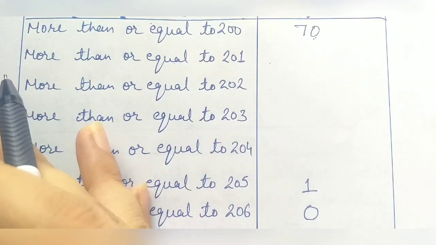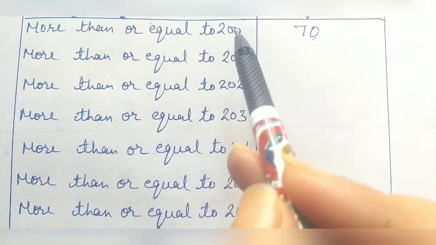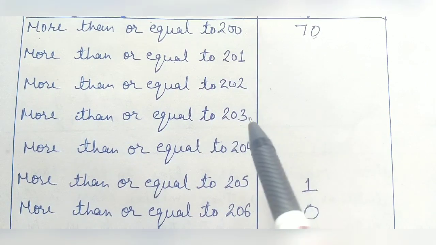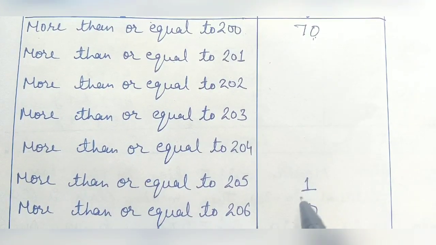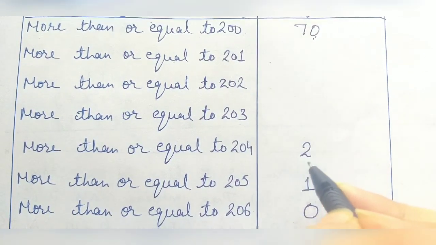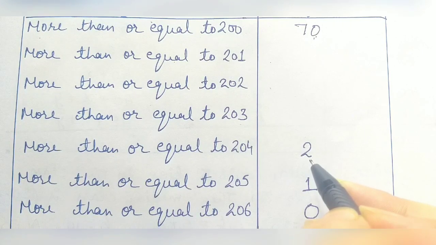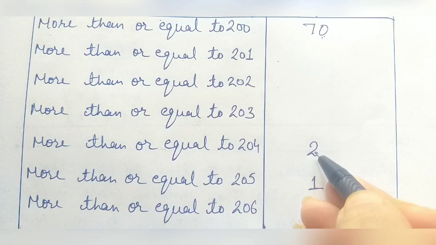Like in the less than table we added from upper to downward direction. So it is 1. Now next is 2, because in the 204 and 205 section we have value 1, so 1 plus 1 is 2.